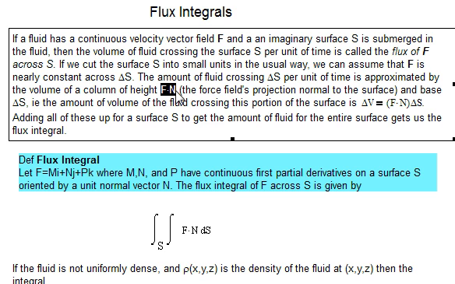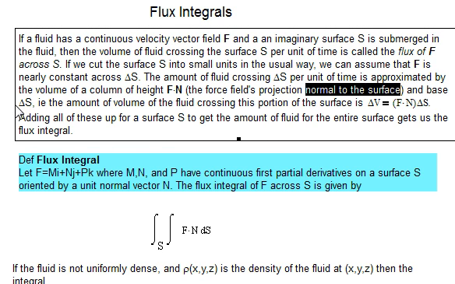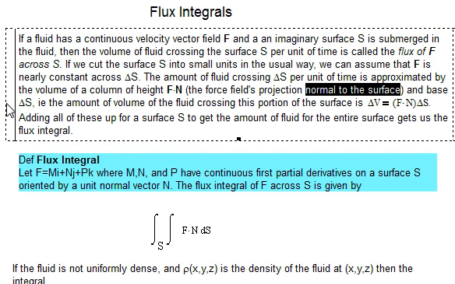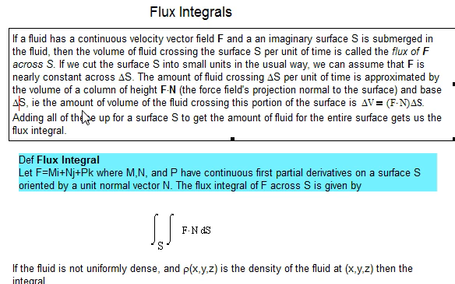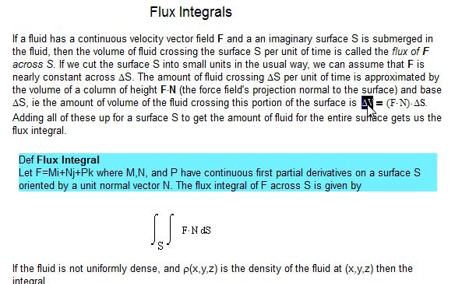So it's the force field's projection normal to the surface, that's what that says, right? And the base del S is the piece of the surface we're looking across. So the amount of fluid crossing that portion during that time unit, del V, is F dot n times del S.